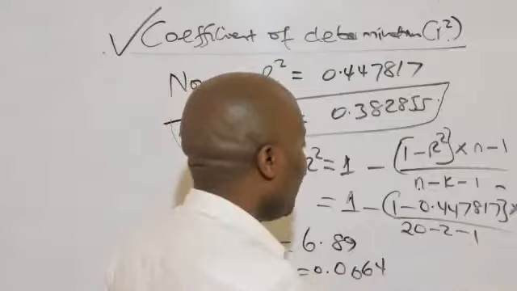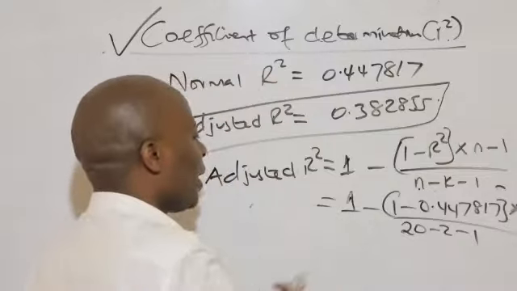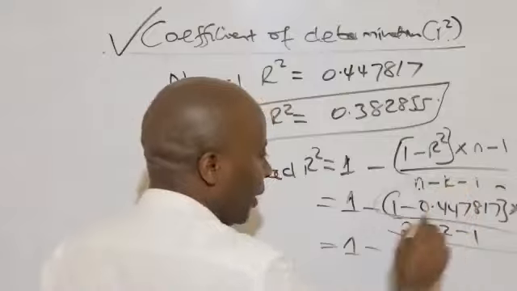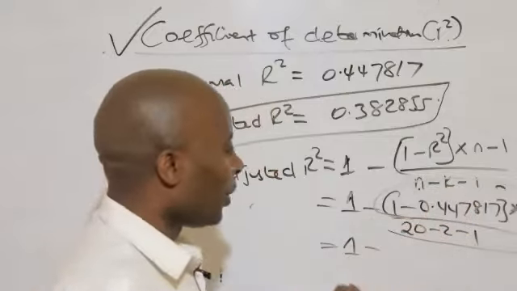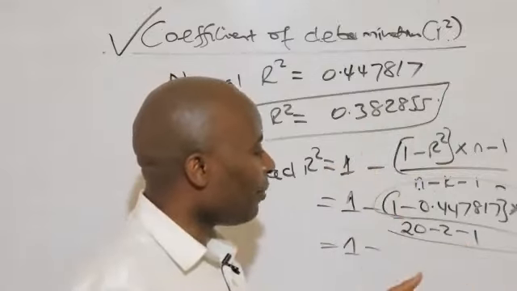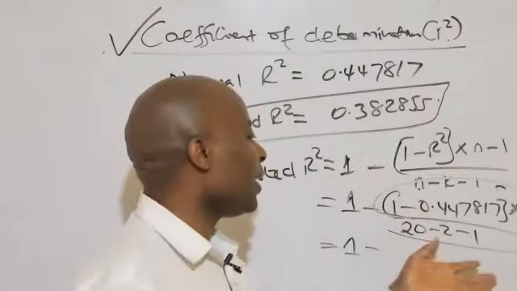So at the end of the day, what shall we end up having, ladies and gentlemen? This will be equal to 1 minus, I don't know whether there's anybody who will be able to give us this figure. We do this figure separately. So 1 minus this, whatever I get, times 19, divided by 17.